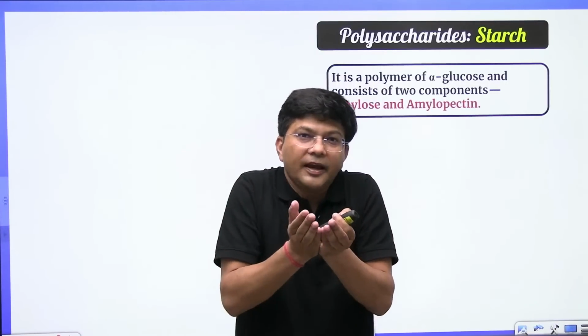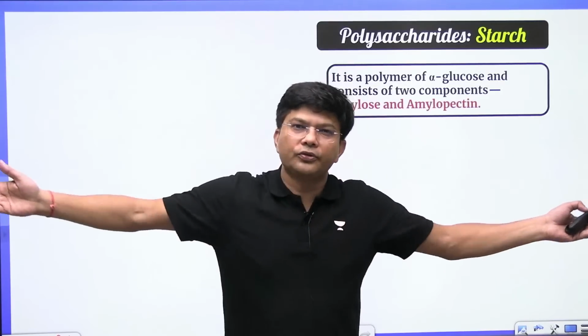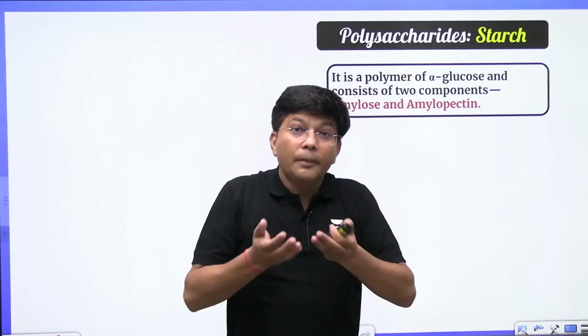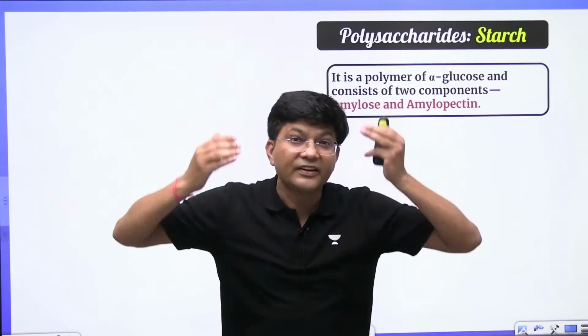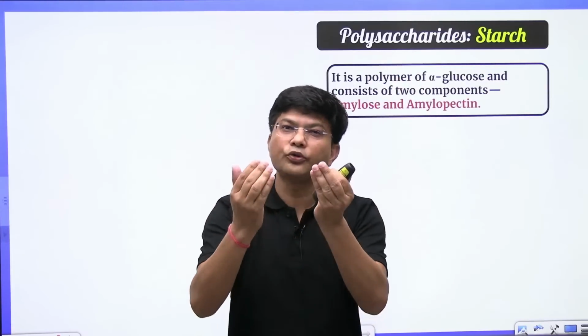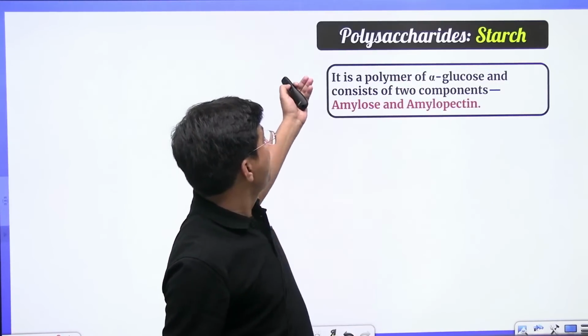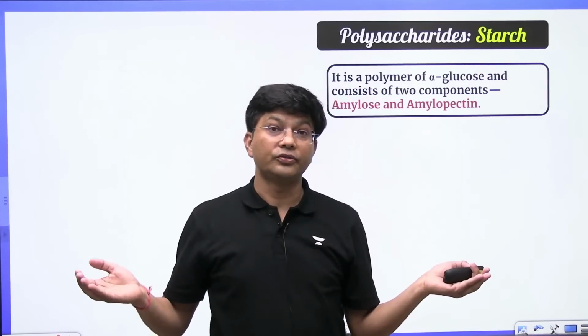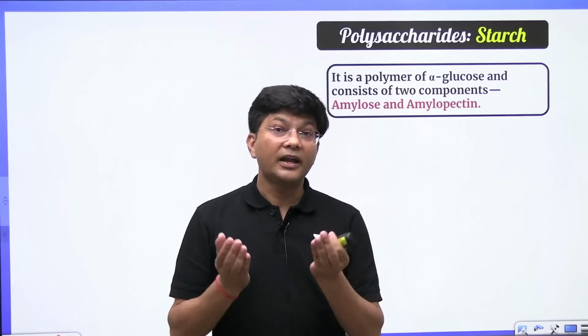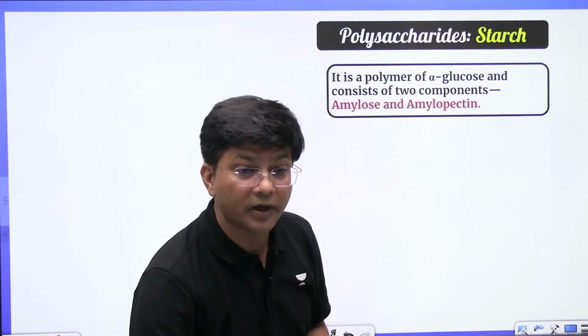If I say a number of alpha D glucose units, 200 to 1000 alpha D glucose combining together, they will form starch amylose. Starch amylose and starch amylopectin are polysaccharides.